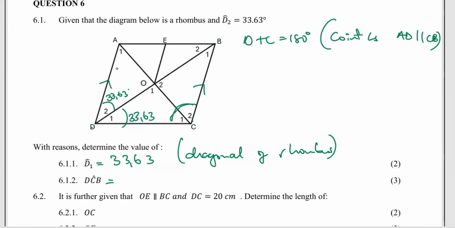Then if I'm looking for C, it's going to be 180 minus 2 times 33,63. I punch this into the calculator: 180 minus twice 33,63. That gives me 112,74 degrees.